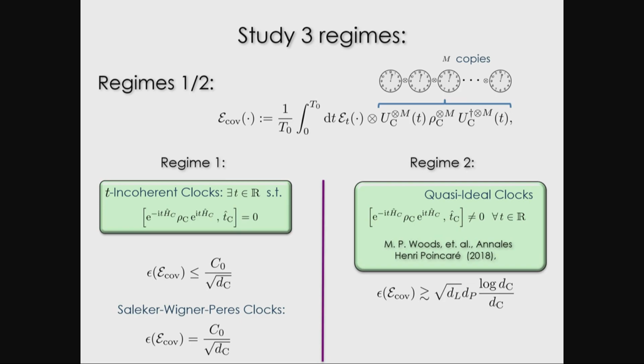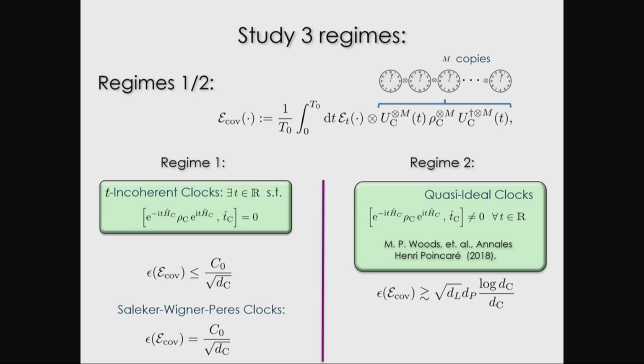And you see it's upper bounded by this here, which is worse than the upper bounds that Sepehr discussed. And in particular, there's this well-known clock in the literature called the Salecker-Wigner-Peres clock, developed by these three authors in two separate papers. And these clocks saturate this bound. So they achieve this, but can't do better.